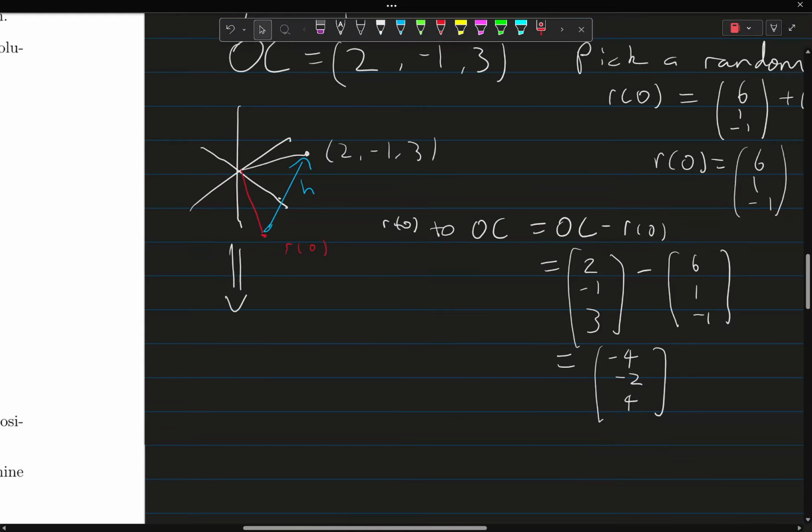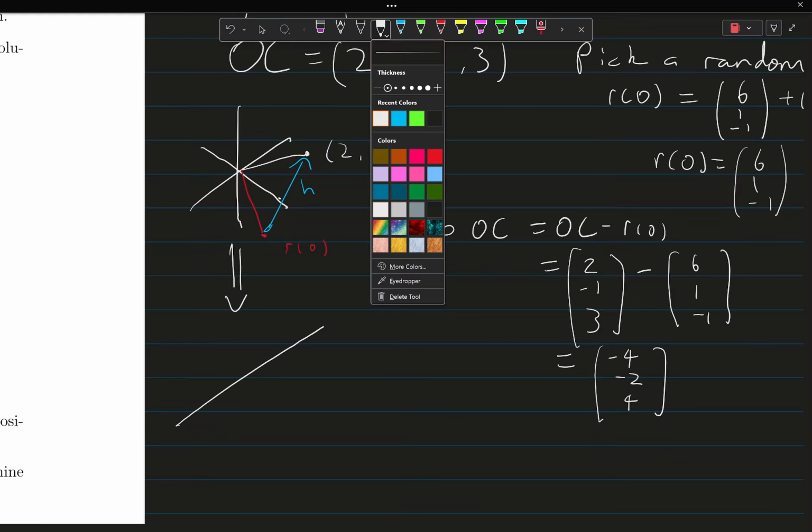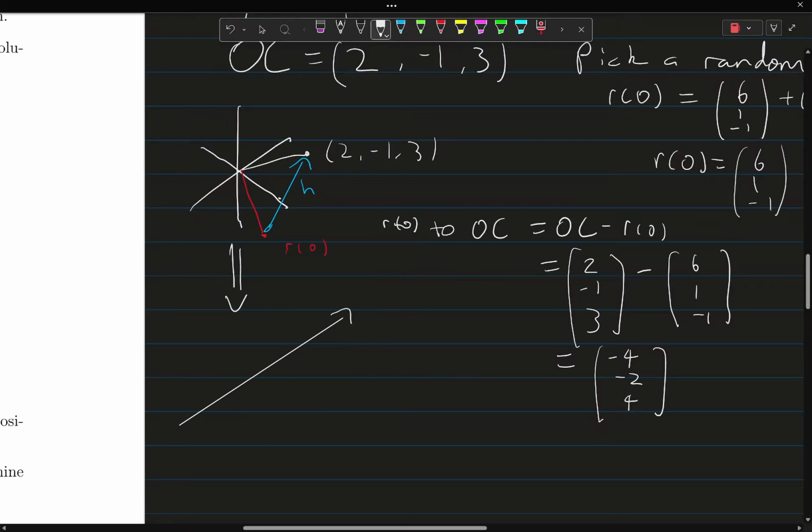This diagram will turn into this sort of diagram. So we have the center, we have h, and if we project h onto the direction of the line, I'm going to use a different color. Projection of h onto the line, then that will give us a right-angled triangle. Do you all agree with that?